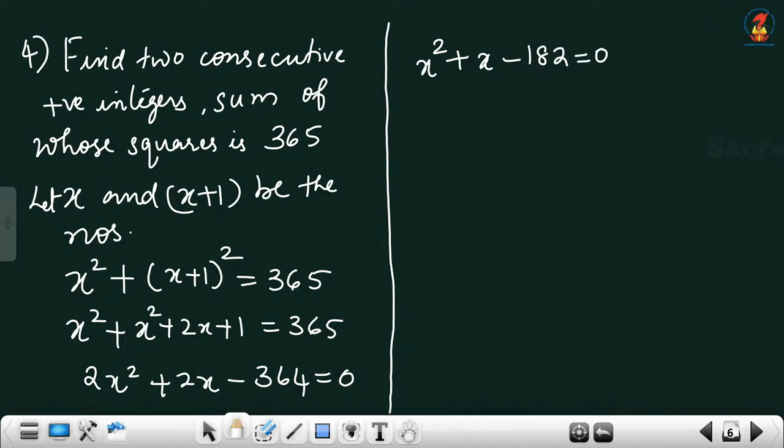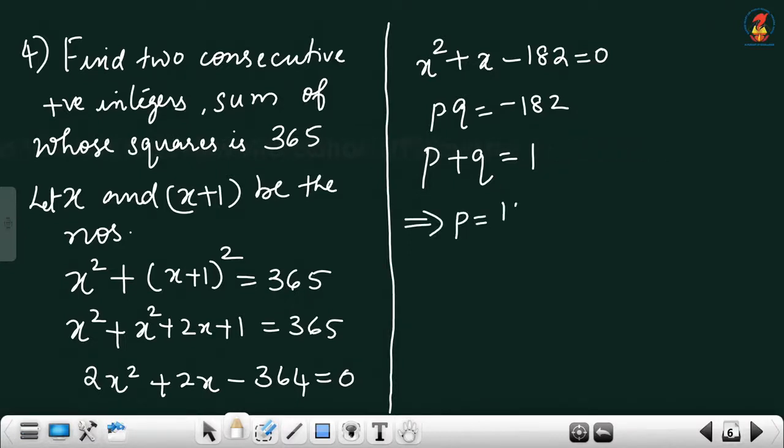So, the product is 182 and sum is 1. You have to identify two numbers p and q such that p plus q is equal to 1 and p into q is minus 182. This implies p is equal to 14 and q is equal to minus 13. So, again you can use splitting the middle term.